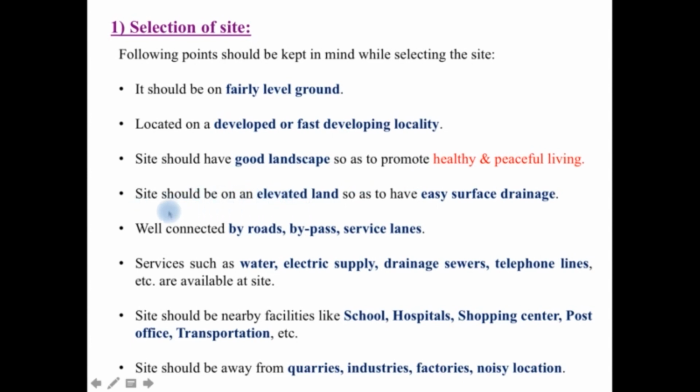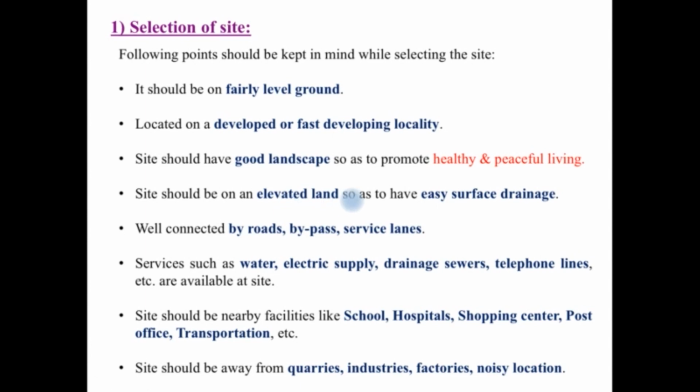It is always better to consider that the site is located on elevated land. This is one of the major points, because as we know, in the rainy season water has a tendency to fill the low-lying lands, and if your land is not elevated, it is going to be affected by flood water.